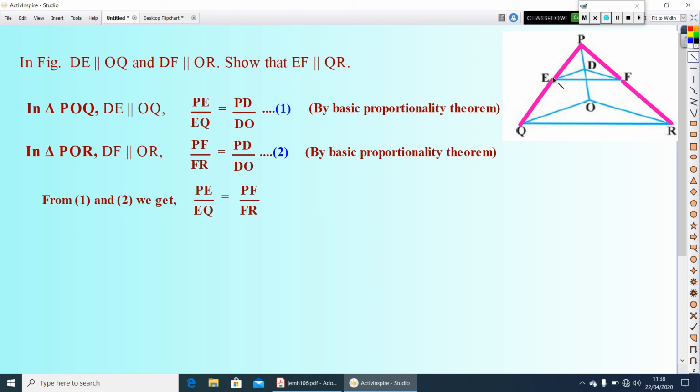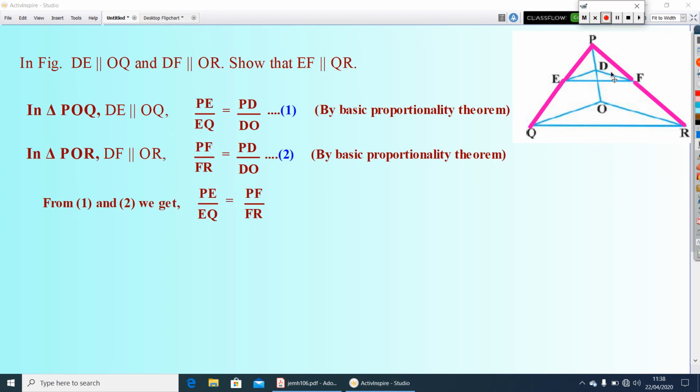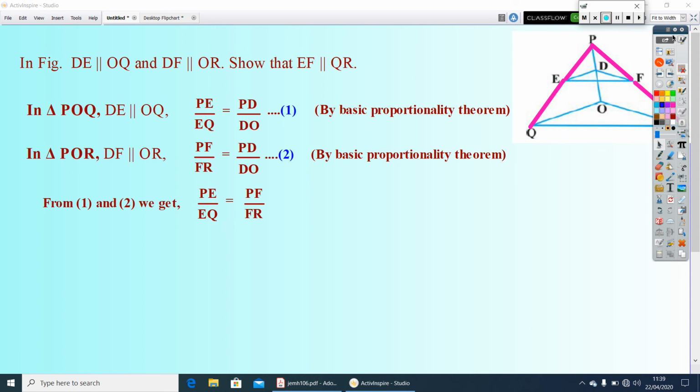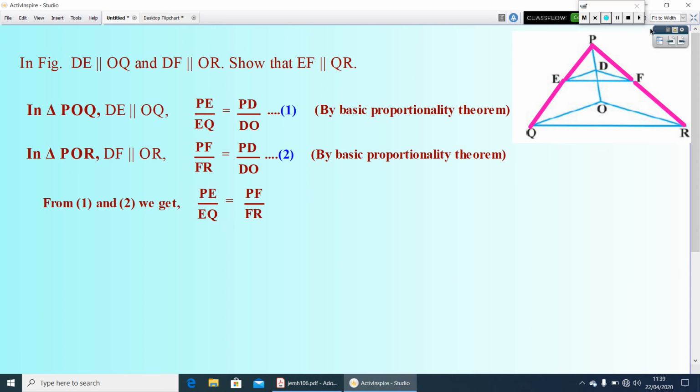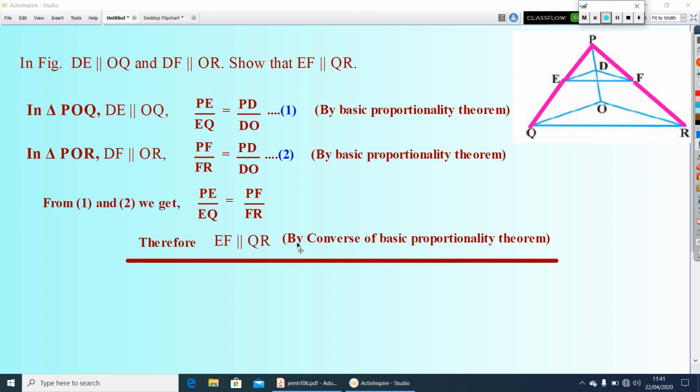If it is so, then the line joining them will be parallel to the third side. That is, here EF divides PQ and PR in the same ratio. Therefore, you can write EF is parallel to QR by the converse of the basic proportionality theorem.